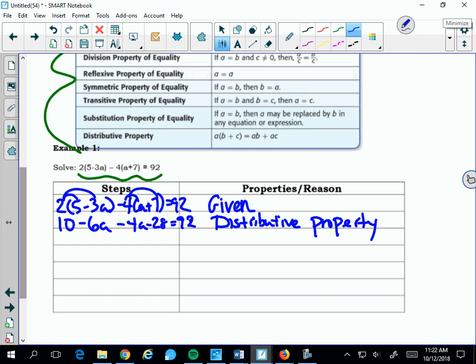The next one is where things get a little bit goofy. Because now, okay, I'm going to do everything I can on this side. I'm going to combine my like terms. When I do that, I'm going to get negative 18 minus 10a equals 92. My reason for doing that, and this is why I said it was a little goofy, is the substitution property.